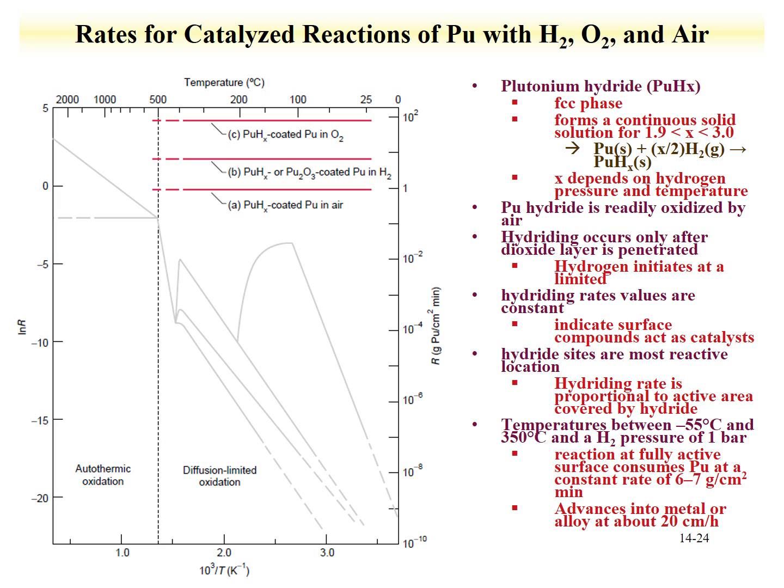It consumes plutonium at a constant rate between 6 and 7 grams per centimeter squared per minute. This means that for plutonium metal or plutonium alloy, the rate of this oxidation would be about 20 centimeters an hour.